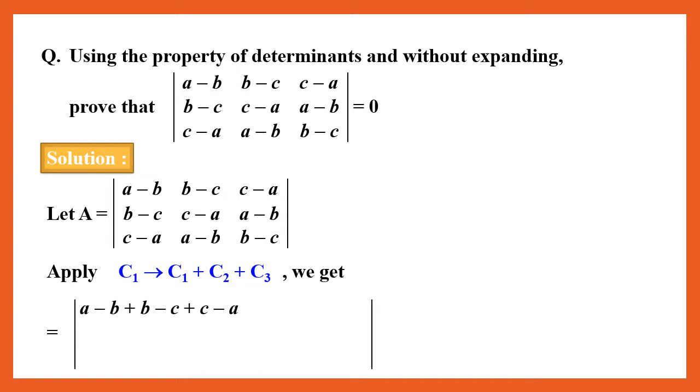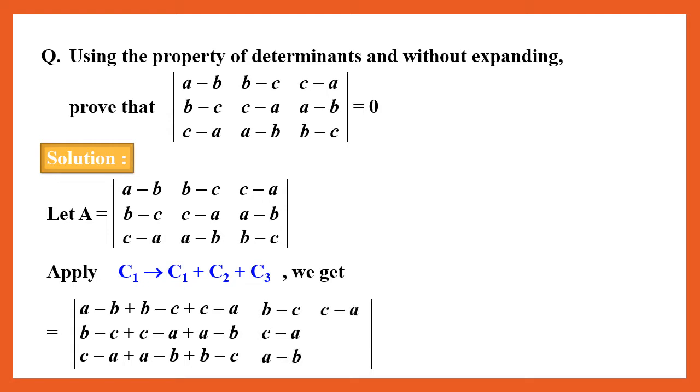So add the elements of all the 3 columns. So the first element of the C1 will be A minus B plus B minus C plus C minus A. Second element will be B minus C plus C minus A plus A minus B. And the third element will be C minus A plus A minus B plus B minus C. Keep the elements of C2 and C3 as it is.